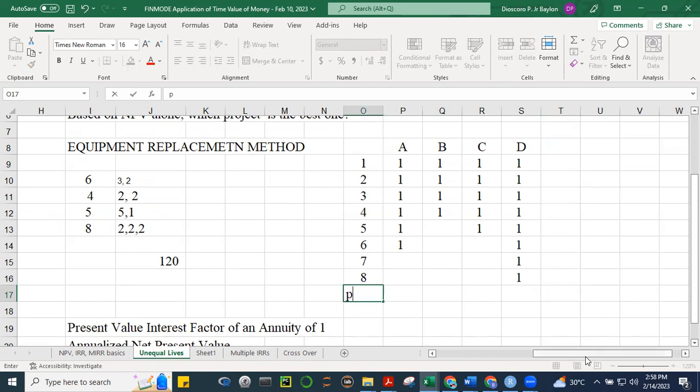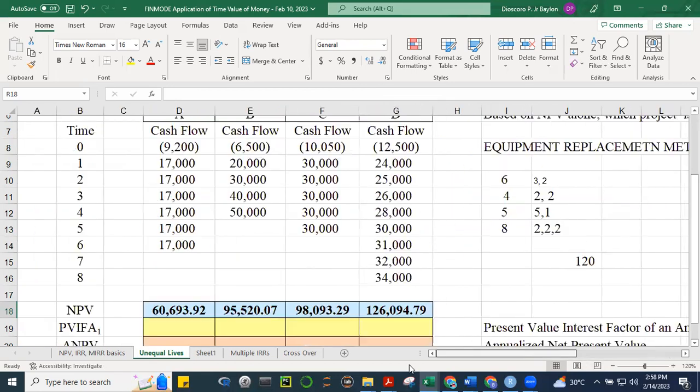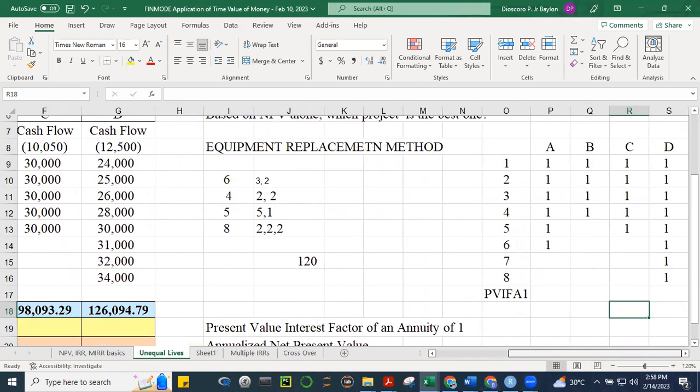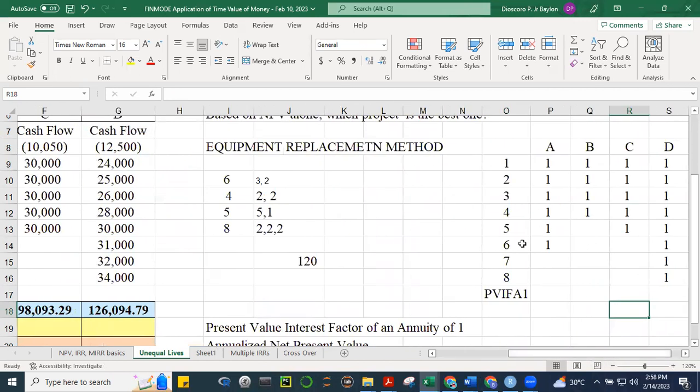Okay, we call it PV interest factor, annuity of 1. Right? So, kunin natin yung present value nitong annuity of 1. So, that's what we call here PVIAF1.